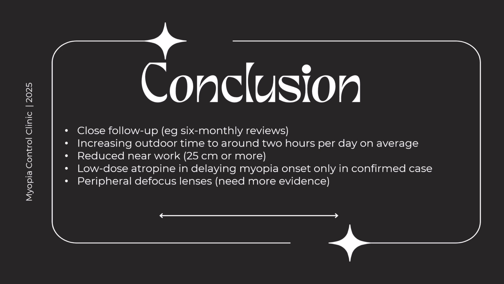Peripheral defocus lenses, yes, more systematic studies are needed. We need more evidence, but suppose the patient starts with plus 0.5, goes to 0 and goes on to become a myope of minus 0.75 or minus 1, and you have already started atropine and this particular patient is not responding. Typically these are non-responders to atropine.